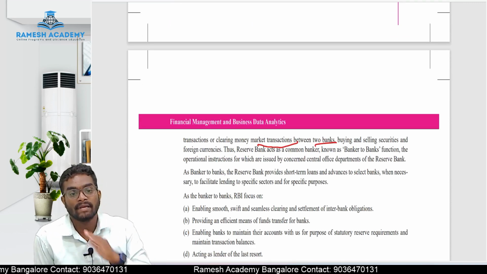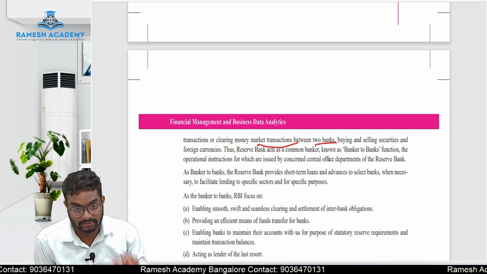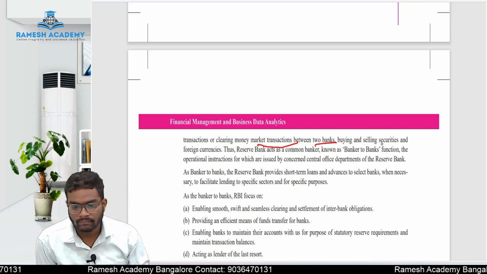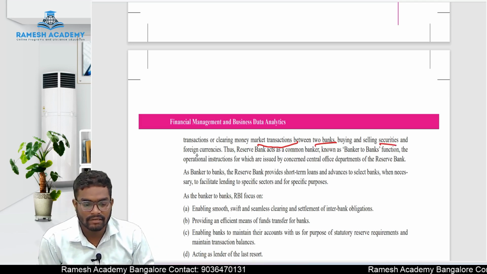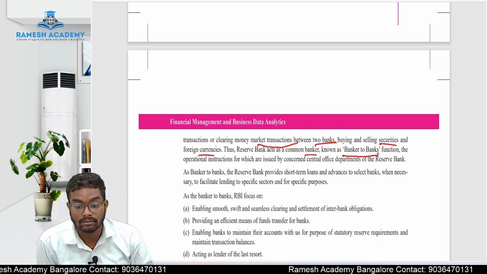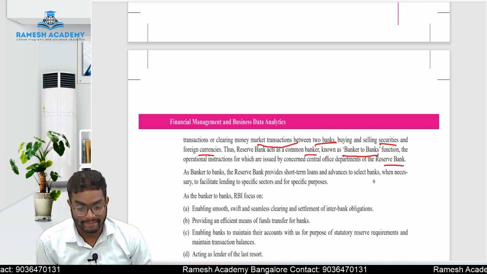So RBI will act as an intermediary for the settlement of transactions between two banks, buying and selling securities and foreign currencies. Thus, the Reserve Bank acts as a common banker, known as the banker to banks function. The operational instructions for this are issued by the concerned central office departments of the RBI.